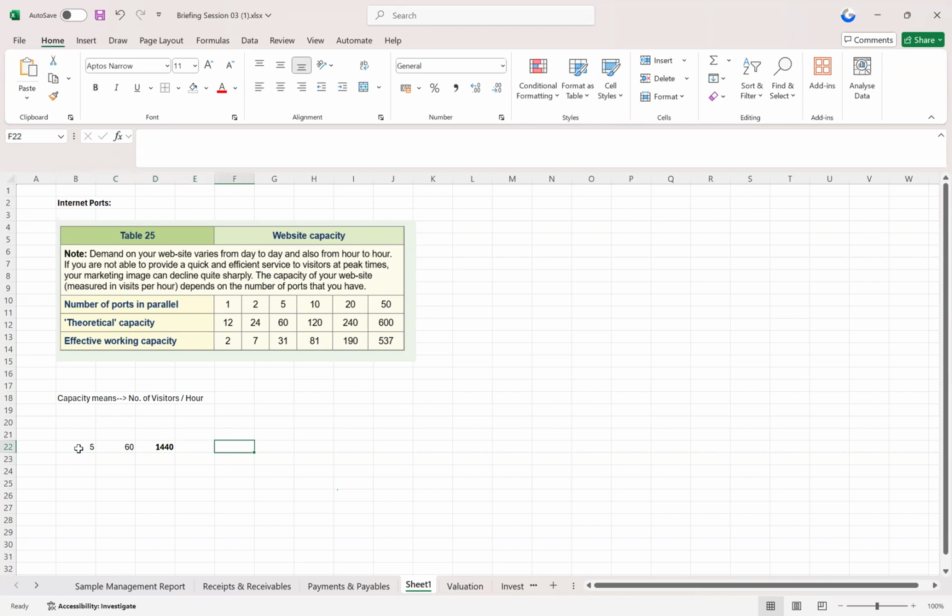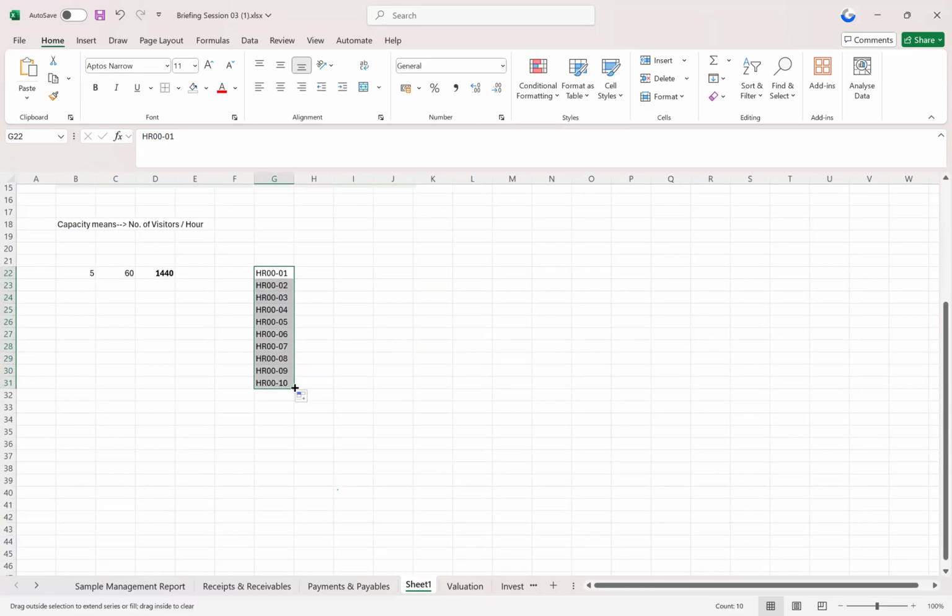Now let's do the clock. Let's say we start from 0 to 1 hour. Then similarly, if I drag it down, we have the 10th hour, 12th hour, till 24 hours in a day.